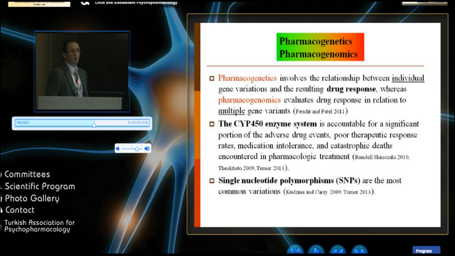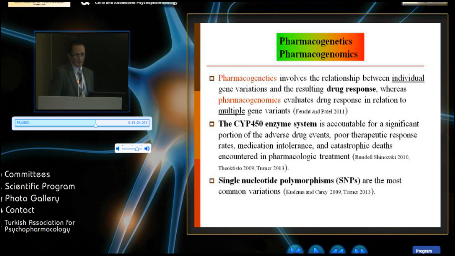And receptors are evaluated by pharmacogenetics. If the response is on the level of a single gene, it is pharmacogenetics. If it is on the level of multiple genes, pharmacogenomics is used as a method.